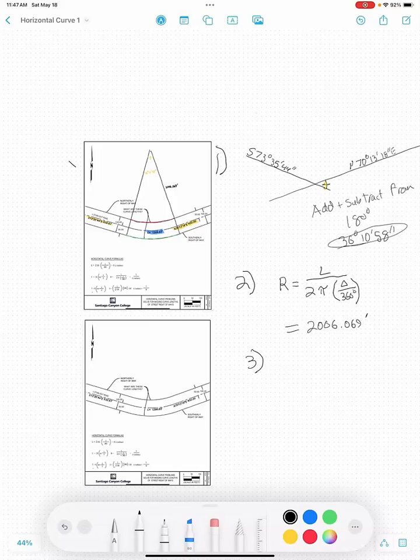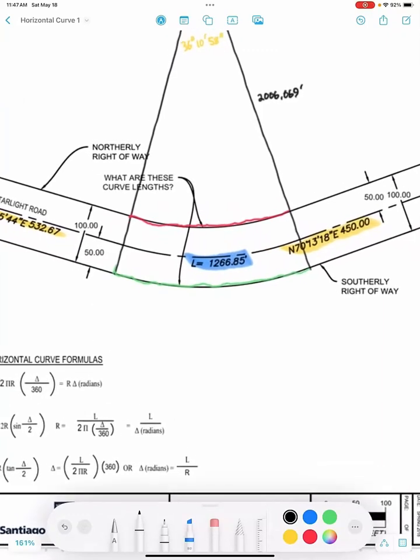And with that, we should be able to do what? So what numbers are we given here? What else is important to note? We have that and that.